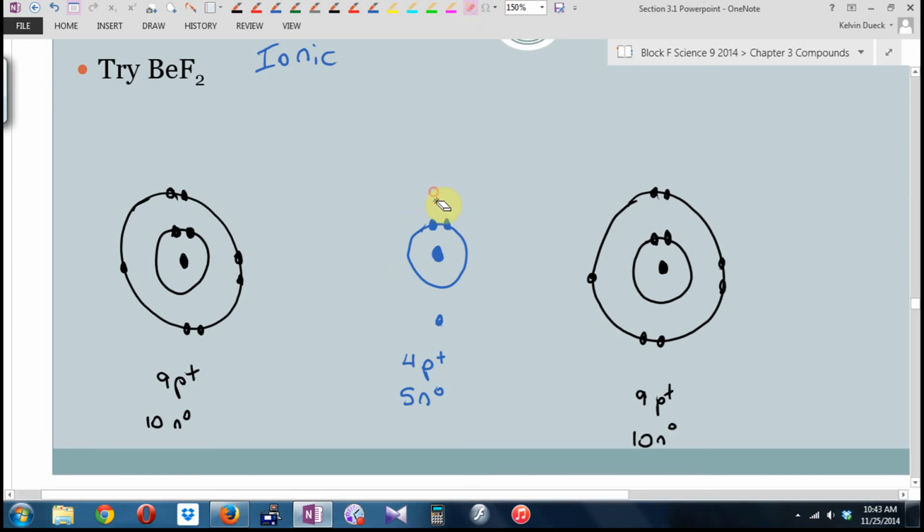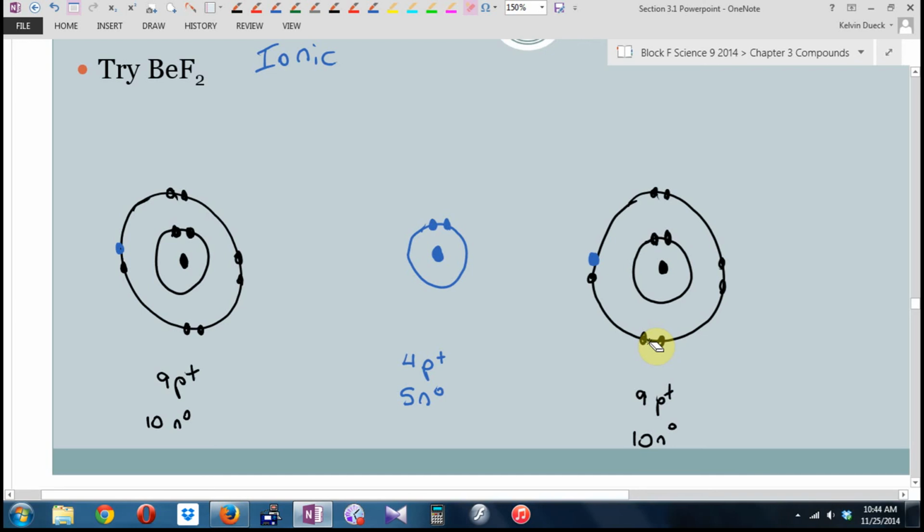This is why I said don't draw this shell. One of the beryllium electrons is going to end up there. By the way, Rihanna, the electron could go here or here or here or anywhere. And again, you don't have to color code them. I'm doing that just to help it stand out in the notes. Are these ions?